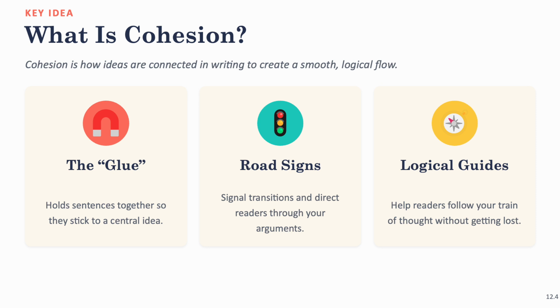They tell readers where the discussion is going. Third, they act like logical guides. They help readers follow our train of thought without becoming confused. For example, words such as however, therefore, first, and for example tell readers what relationship exists between ideas. Without these signals, even good ideas may appear disorganized.